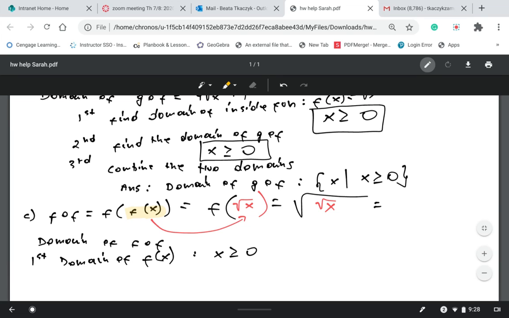That square root function: you have square root of x right here, inside the square root. And that square root which is outside, if you want to change to exponential, is the same as bringing the power of 1/2. And that square root of x right here, I'm going to rewrite as x to the power of 1/2.